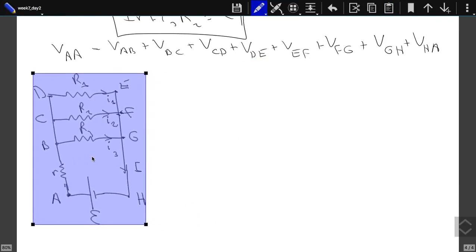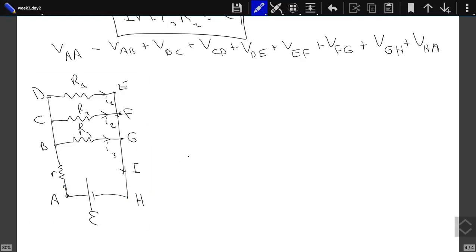This is my circuit. Now I'm looking at VAA still, which should be 0. What is VAB? It's always I times R. BC, 0. CD, 0.